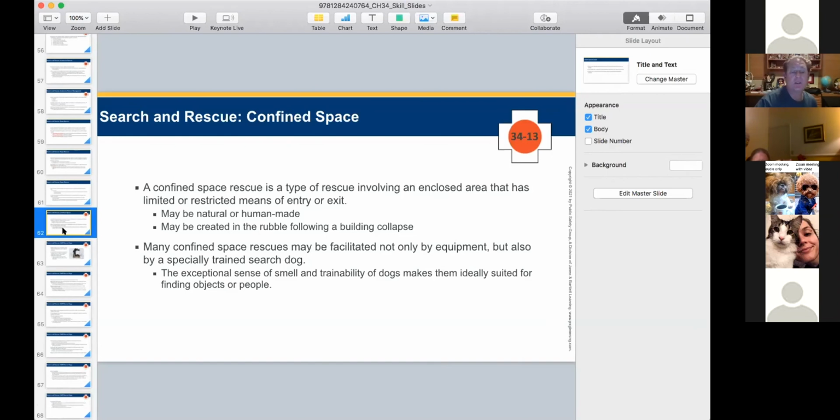Confined space rescue is anything involved in an enclosed area. There's nothing up there at our area that comes close to a confined space. You guys might remember back a while ago, Mammoth Mountain actually lost a patroller that fell into one of the sulfur vents.